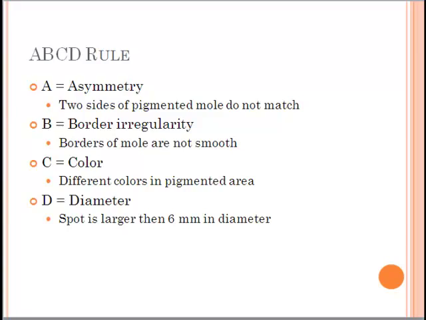So as you look at your moles, you can decide whether they look cancerous or not. And if you think they may be cancerous, then take it in, have a doctor look at it, and they can tell if it's cancerous. If you can remove it and catch it before it becomes cancerous, that's the best way to stop from getting these types of skin cancer, and especially the dangerous ones.